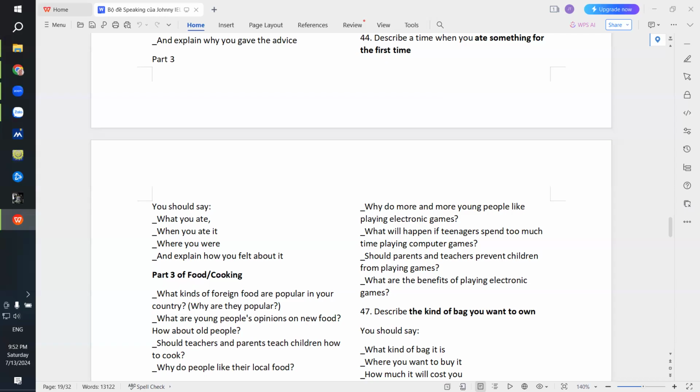Okay, anyway. So, Ms. Ripley, should teachers and parents teach children how to cook? And why do you think so? I think this idea should be supported. Of course, it also depends on the child's interest. Simple dishes like frying eggs, cooking rice, and stir-frying vegetables can be taught because they are quite simple.